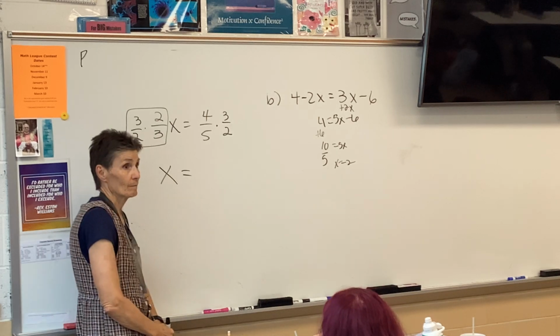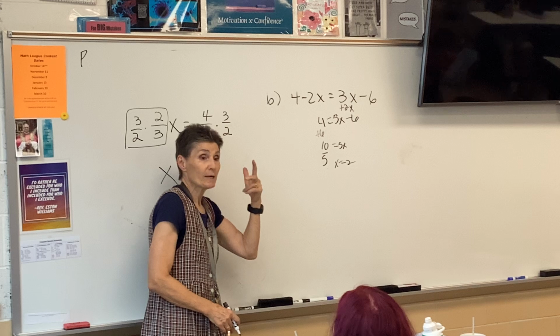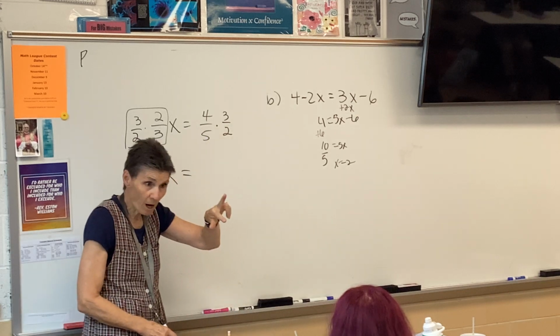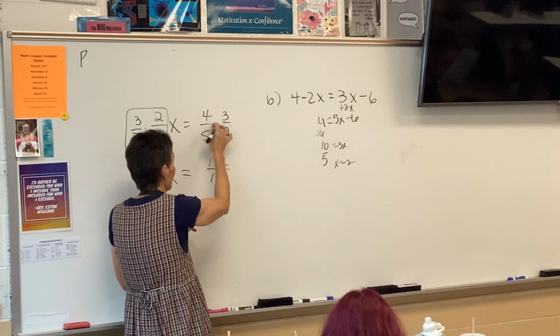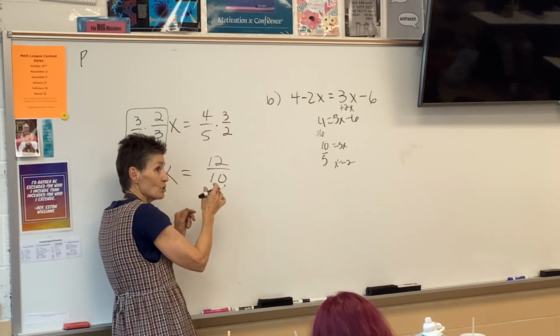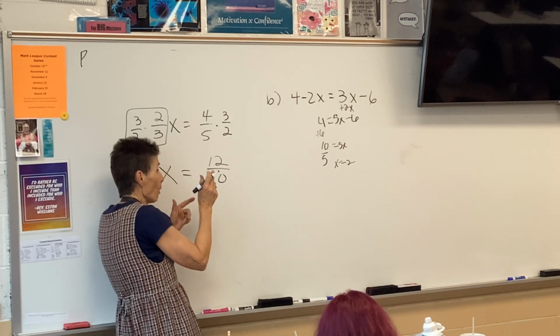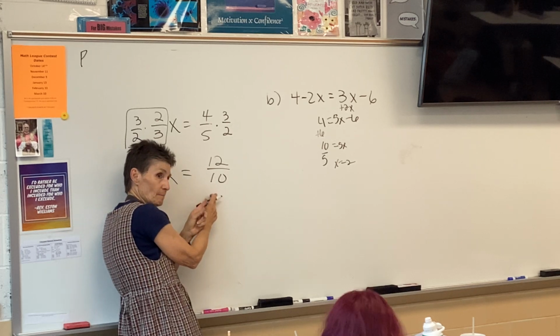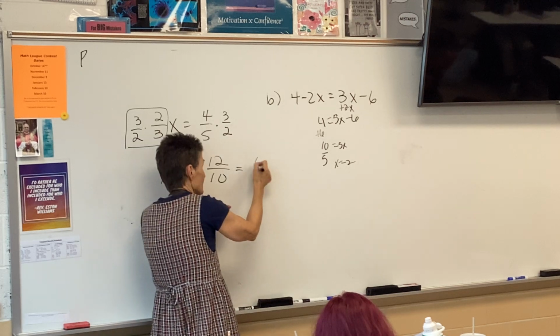Now, how do I multiply fractions over here? What do I do? You can either go straight across, so that would be 12 over 10, 4 times 3, 5 times 2. That's how we multiply. Oh, by the way, that reduces. What does that reduce to? 6 over 5.